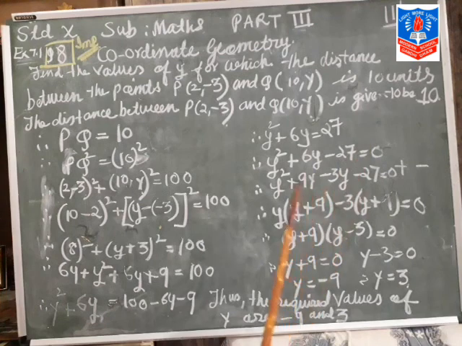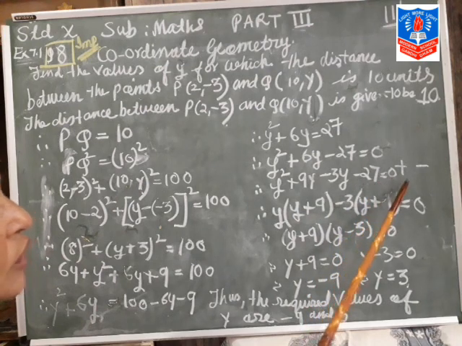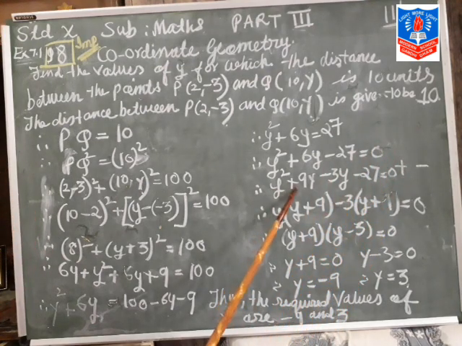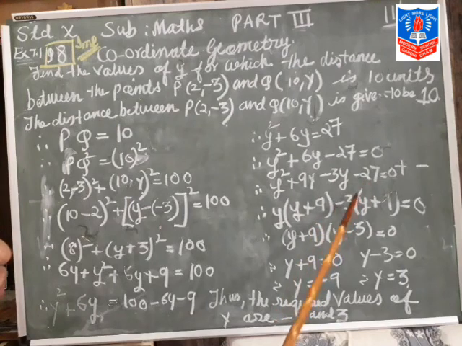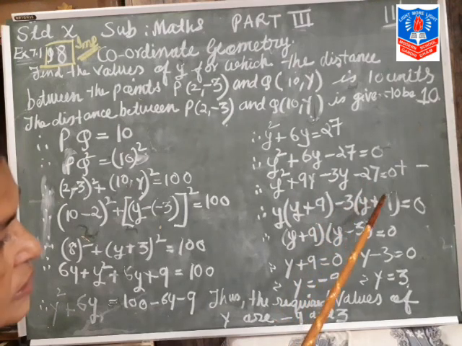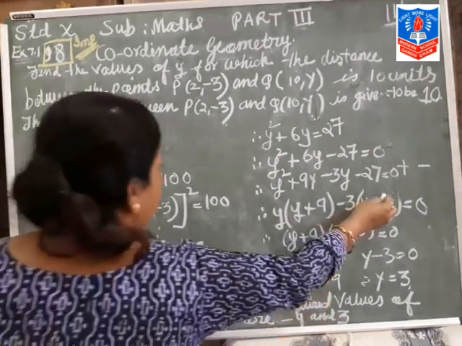So y squared plus 9y minus 3y minus 27 equals 0. In y squared plus 9y, the common factor is y, so we write y(y plus 9). Here 3 is a common factor, so minus 3(y plus 9).